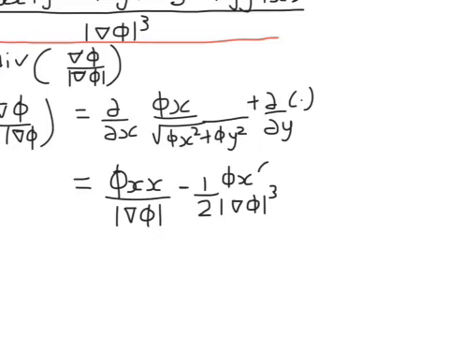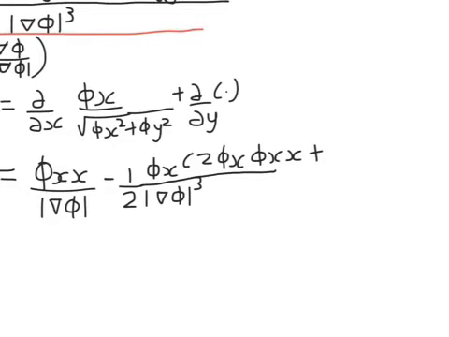That will give us 2 phi x phi xx plus 2 phi y phi yx.